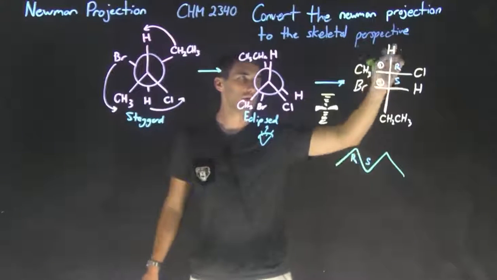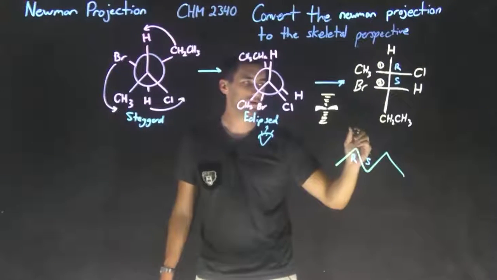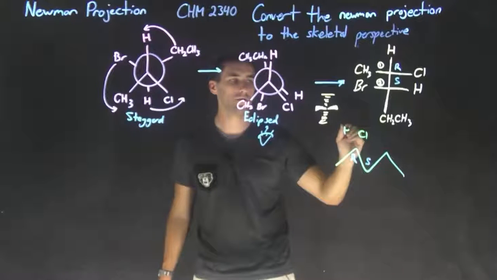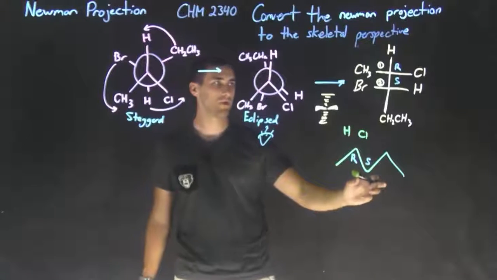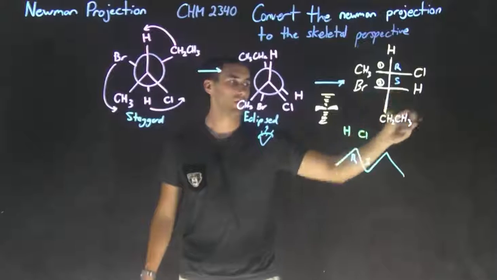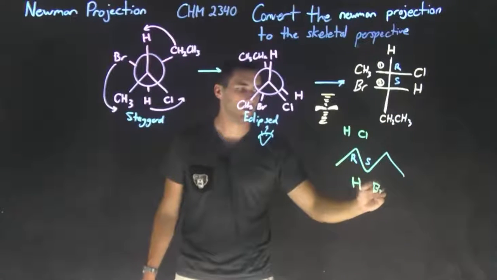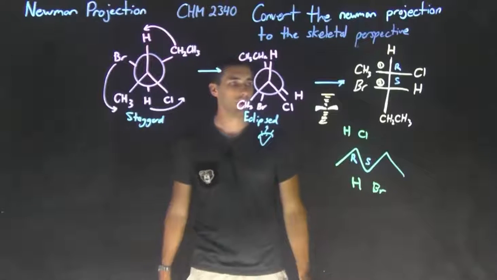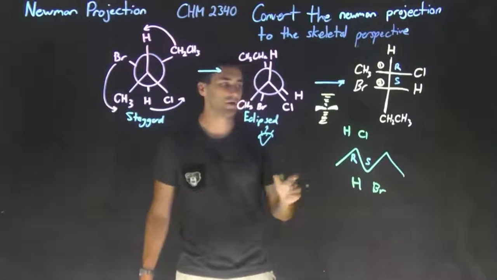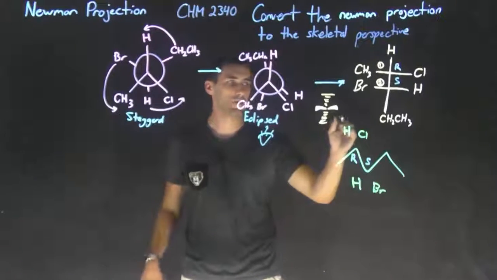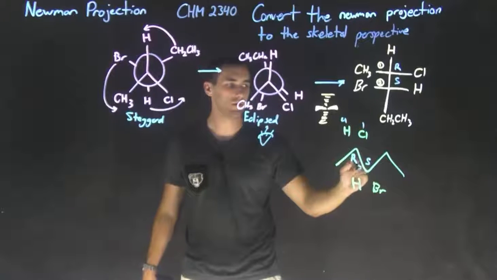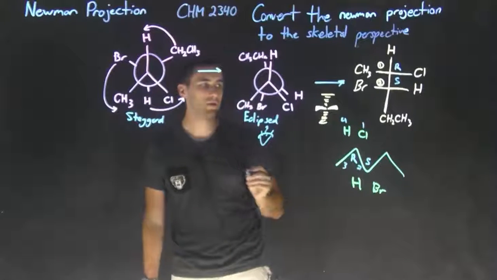On the R, we have a chlorine and a hydrogen. For this one, we have a bromine and a hydrogen. For the stereochemistry and the priorities, we have this.